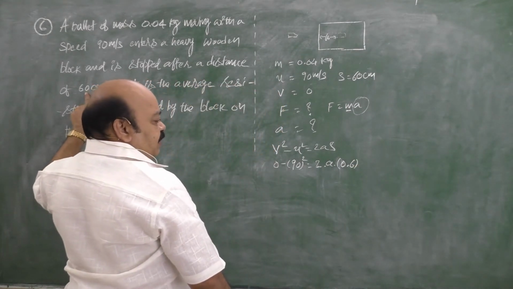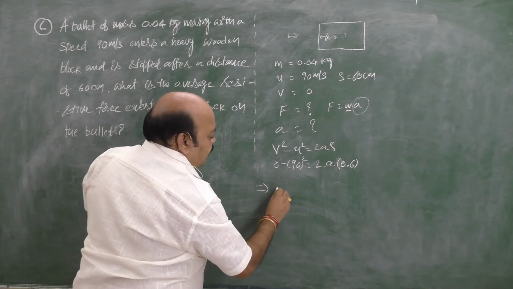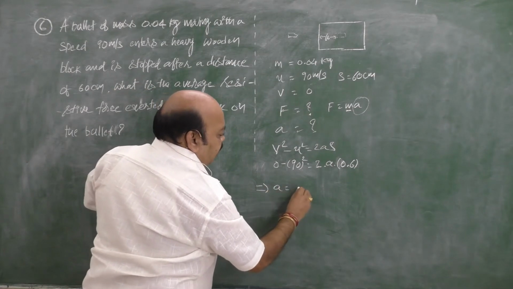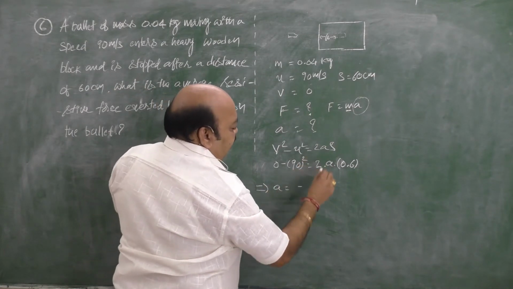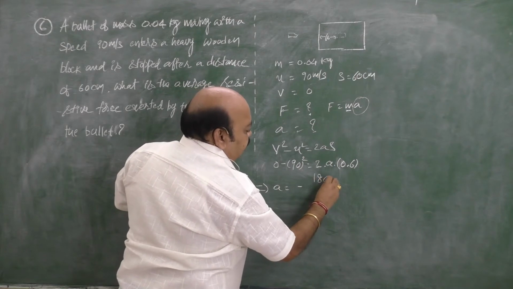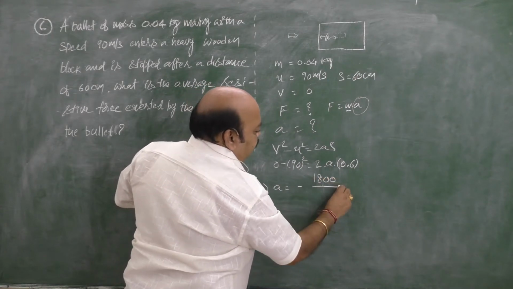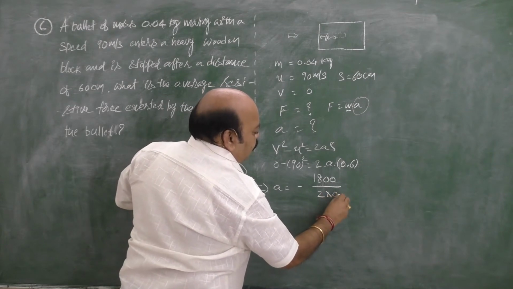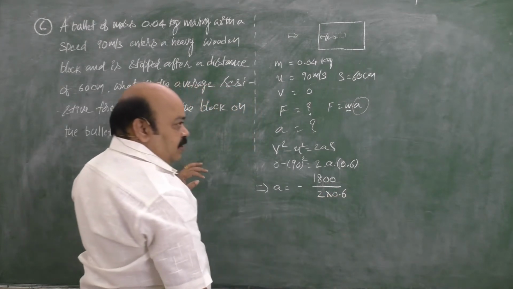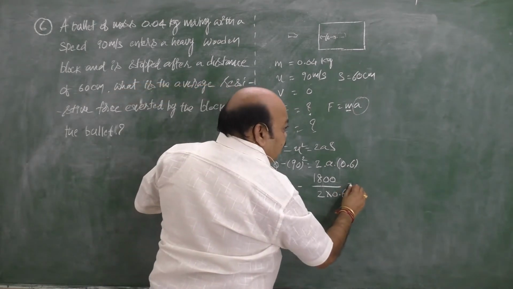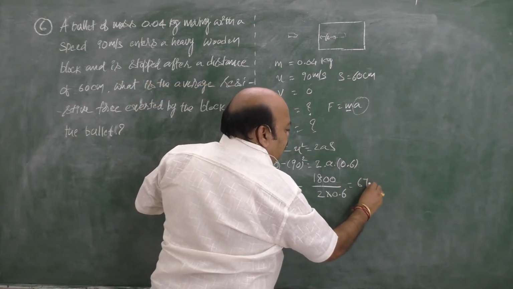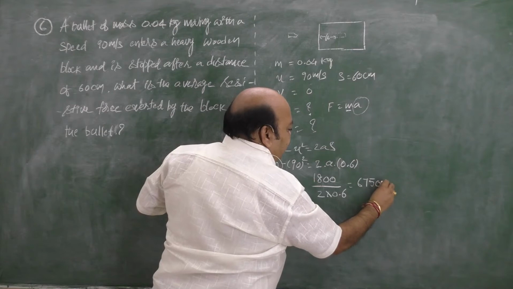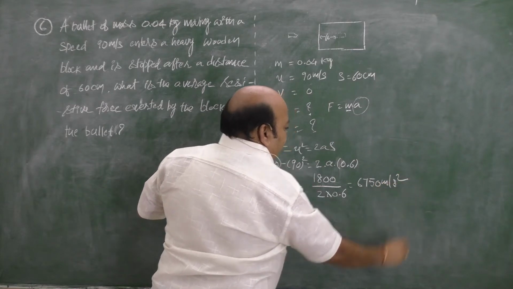From this we can calculate the value of a with a negative sign: 90 square, it is nothing but 8100, divided by 2 into 0.6. By calculation, it is nothing but 6750 meter per second square.